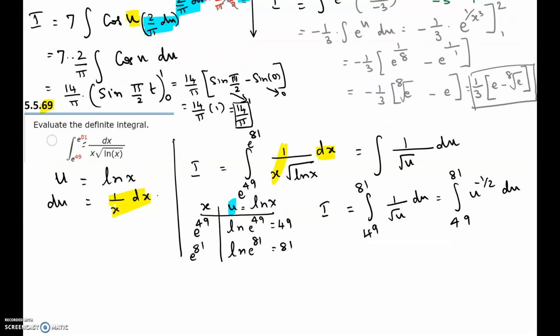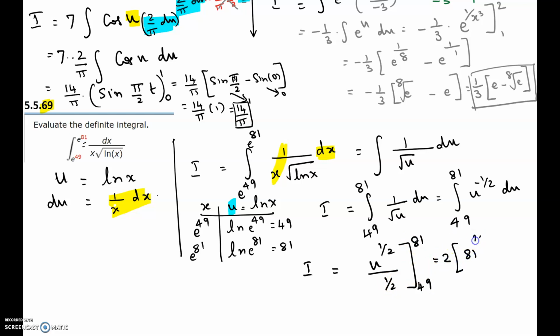On integration, it will become u to the negative 1/2 plus 1, so that will be positive 1/2, over 1/2 between the limits 49 and 81. If you flip the half, it will become 2.